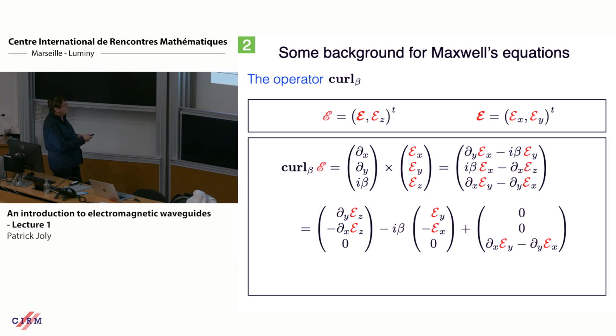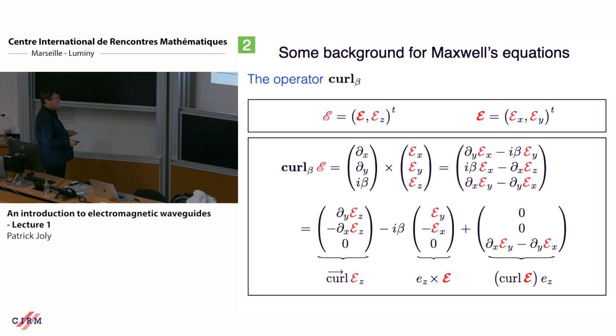So the first part is the first transverse field, which appears to be simply the vector curl of the longitudinal component. The second part is the only one that makes appear beta. It is simply the rotated transverse field. And the last part is a longitudinal field, which is proportional to the scalar curl of the transverse field. Okay.